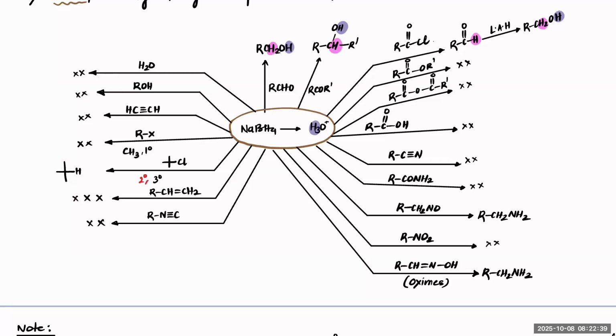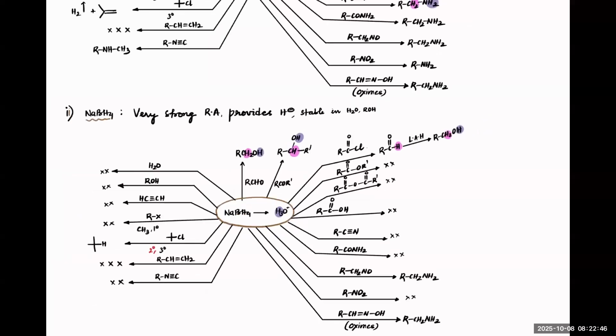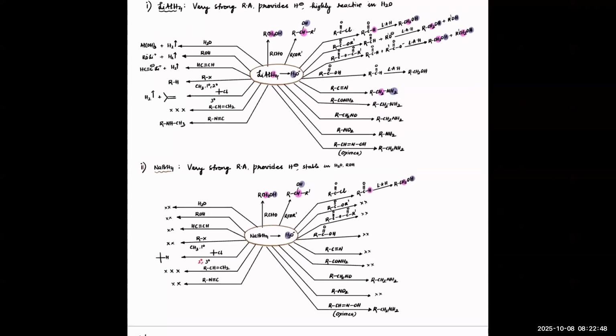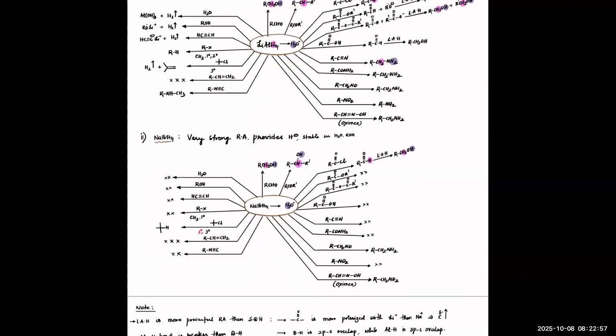Alkene, no reaction. Isonitrile, no reaction. Done. Clear? This is a sheet you should have in front of you to understand the differences between these two. Clear? Next.